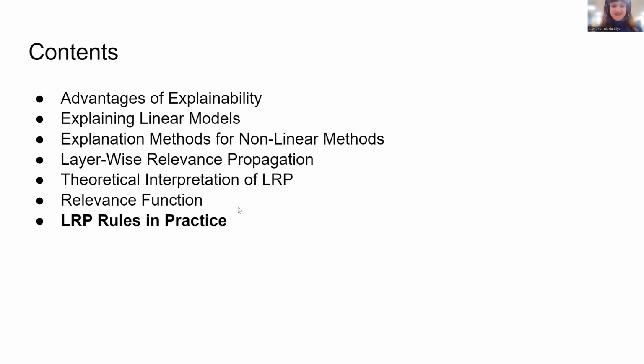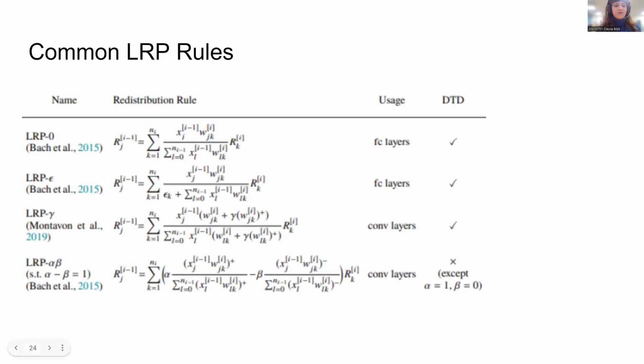Now let us consider what LRP rules for the relevance function can be used at different layers to implement DTD efficiently. This table summarizes some of the rules which are most often used for the redistribution rule we just saw. As we know, the result of applying those rules is a heat map highlighting the pixels which have contributed the most to the classification of a particular image.